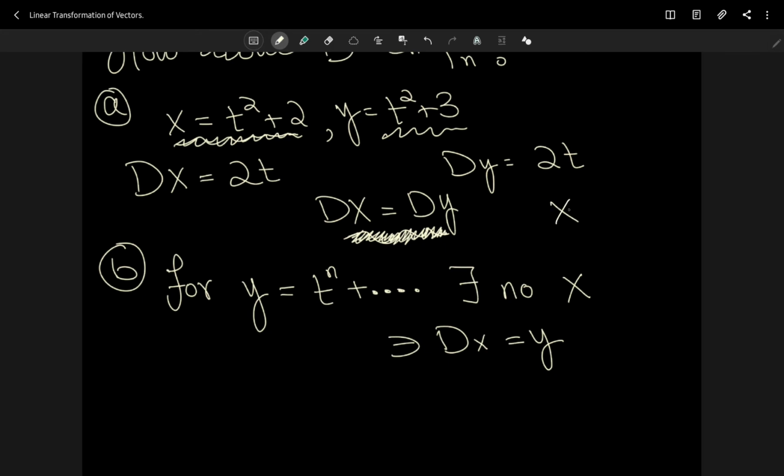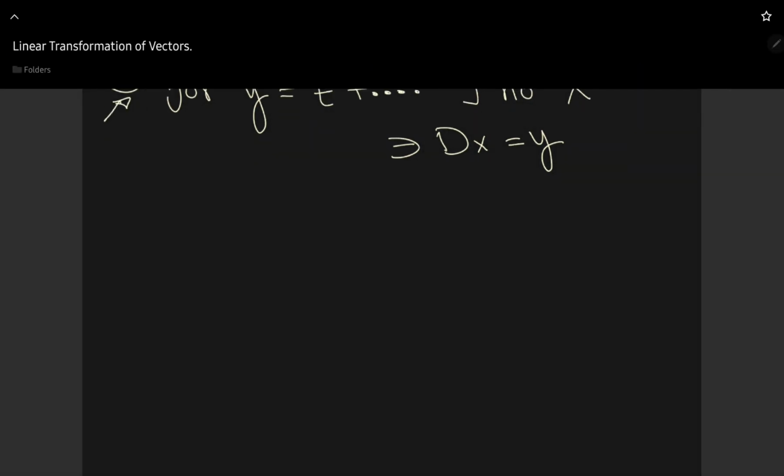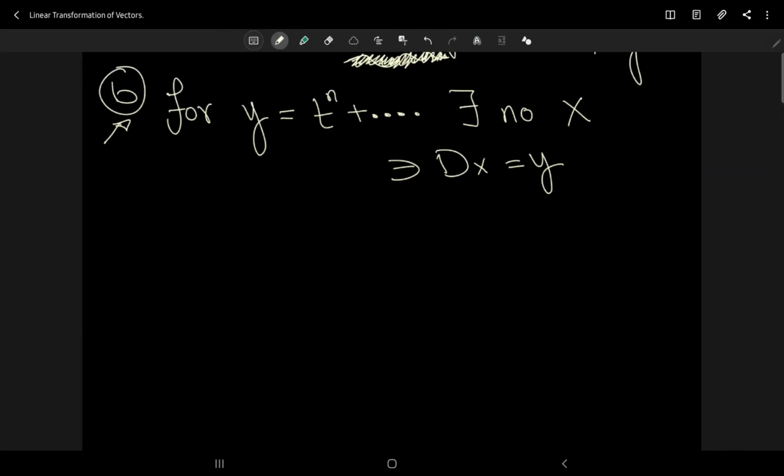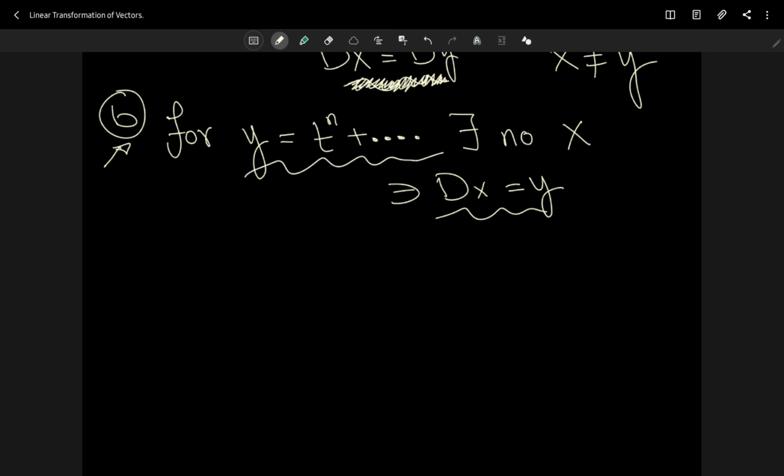But of course they are not equal, so x is not equal to y. And for part B, we also saw with this that there is no x such that if I were to take the derivative of that x, I would get back this polynomial.